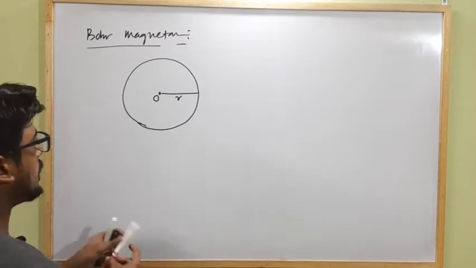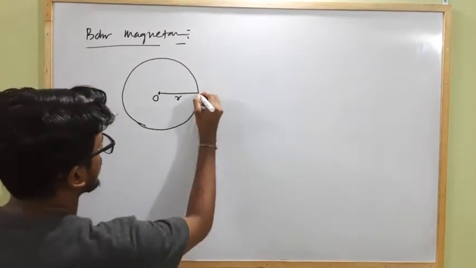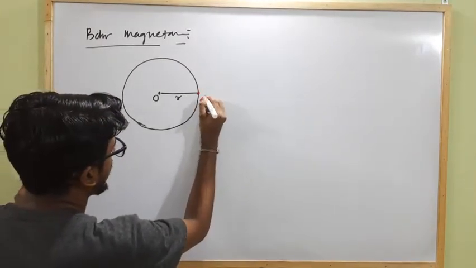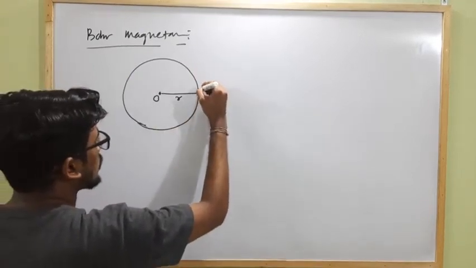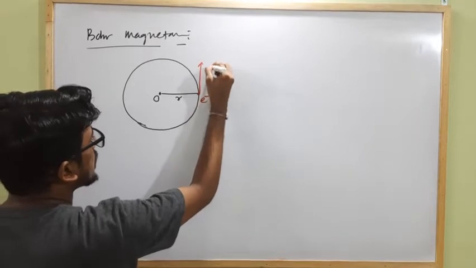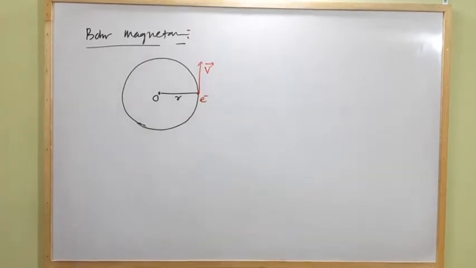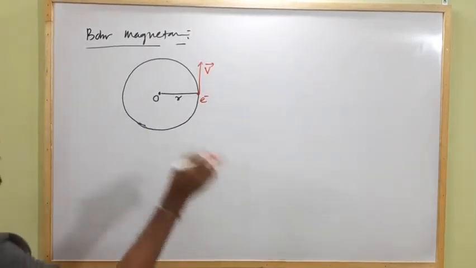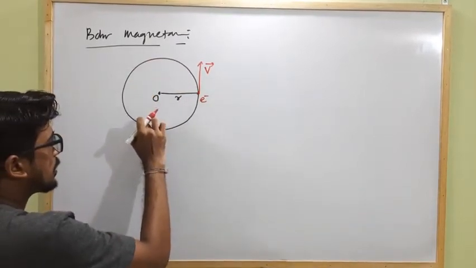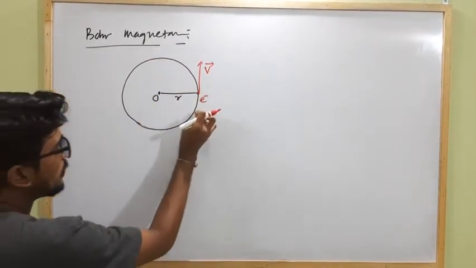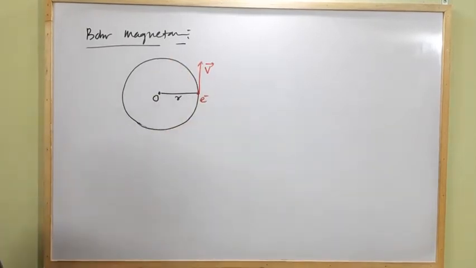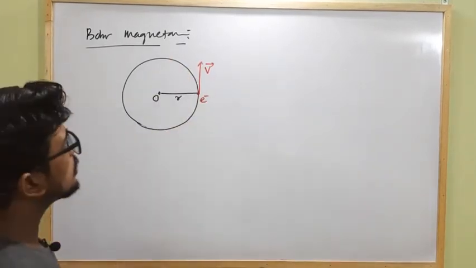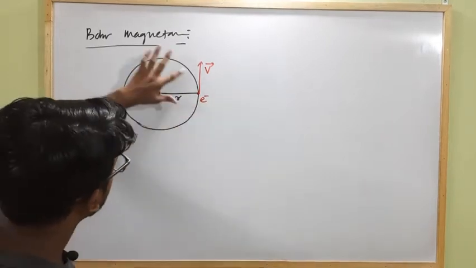Okay, and here is a free electron, minus E, which is moving along the circular orbital path with speed or velocity V. Clear? So this is a circular orbital path of radius R in which a free electron is revolving with velocity V. So what is the amount of current flowing through this orbit?